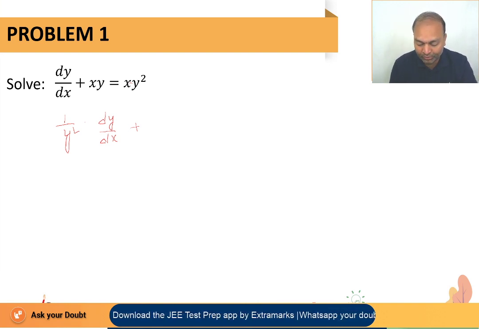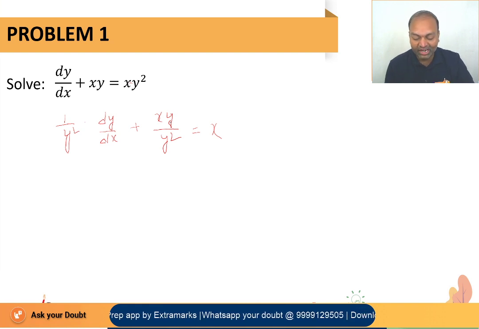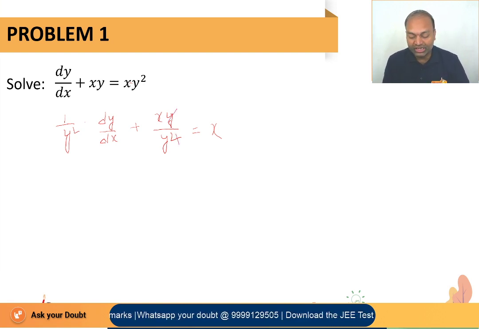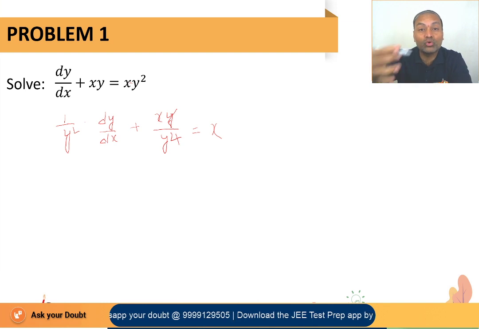Okay, see, x y by y square is equal to x. Now the simplification, you observe this one. y by y square, one y cancels. Correct or not? Right. One y cancels. Remaining, next you see here, what is the x coefficient? 1 by y. Right. Assume that the x coefficient is equal to z.